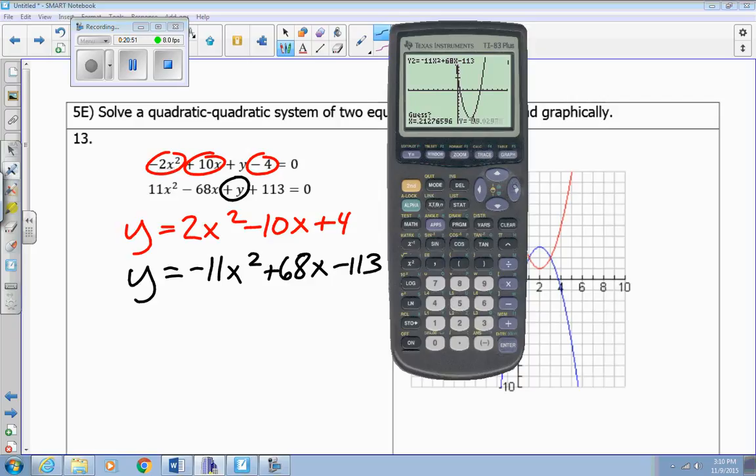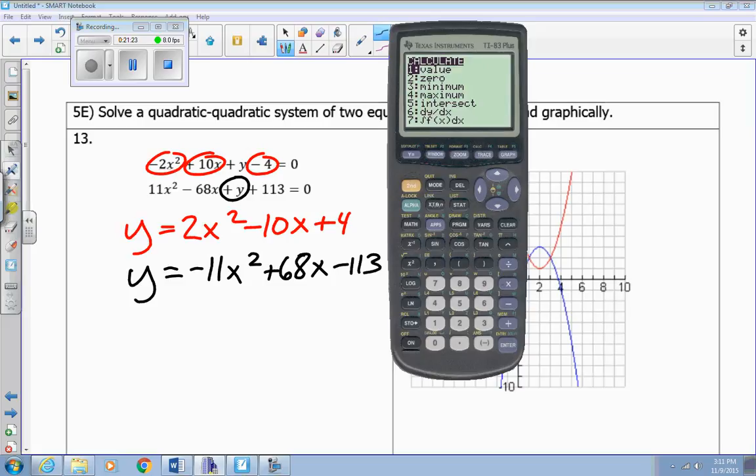It's tough to see, but right now you can see the tracer is close to the intersection, enter. So this is 3, and sometimes the calculator comes up with crazy decimals, but that's really close to 3, and really close to -8. So 3, -8.